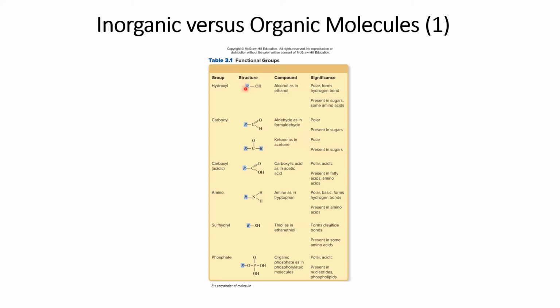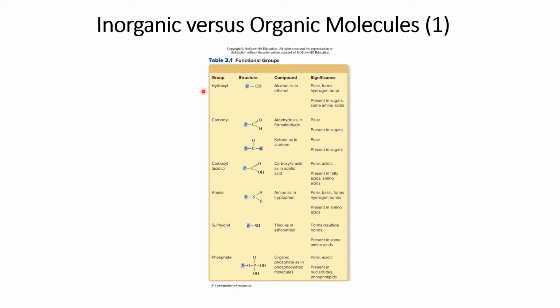So you'll often see an R. The R means literally anything. It's a placeholder for any structure. And then what you're really looking at is what is attached to that structure, and that'll give it some properties that are important in its reactivity.